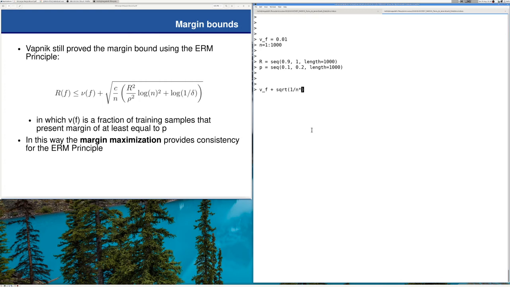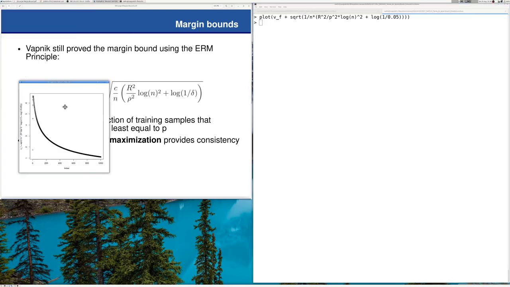Here we have R squared divided by rho squared times log of n to the power of 2 plus log of 1 over delta, and I'm going to use the same delta used before, which is 0.05. So I want to ensure I have a good estimation for 95% of the cases, as we've seen before. I'll have some values over here, and I'll plot those for you.